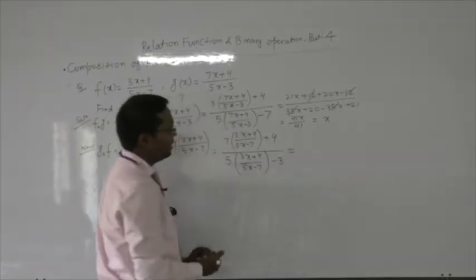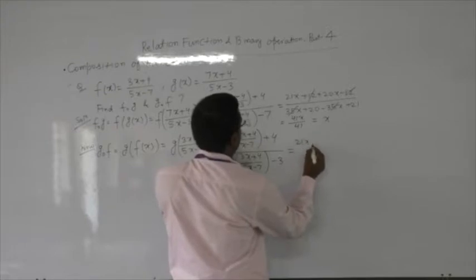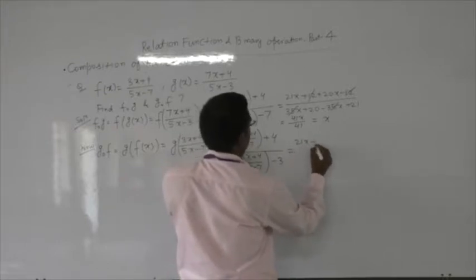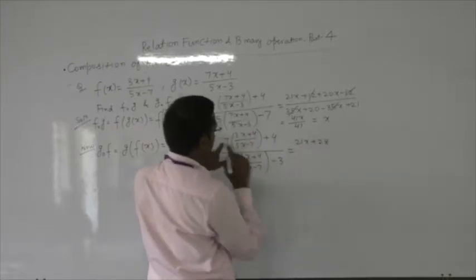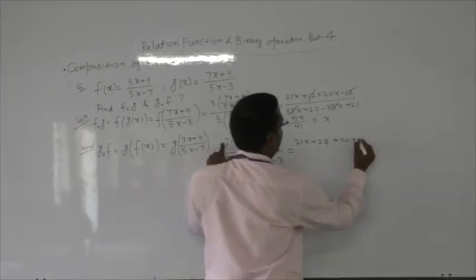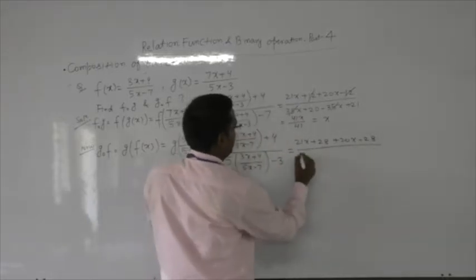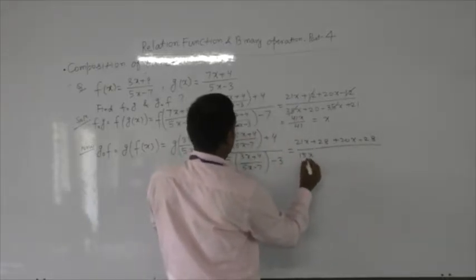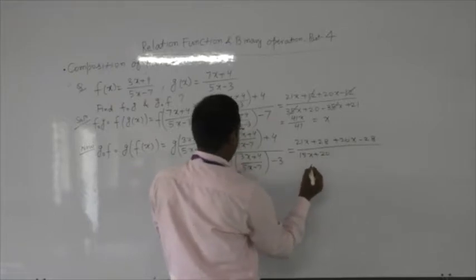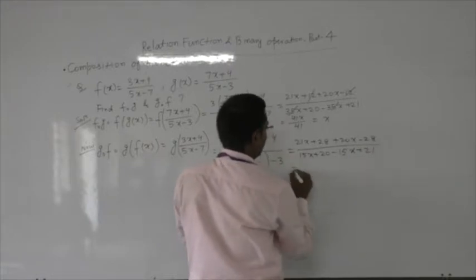Let's simplify it. So this will get 21x plus 28 plus 20x minus 28, divided by 15x plus 20 minus 15x plus 21.